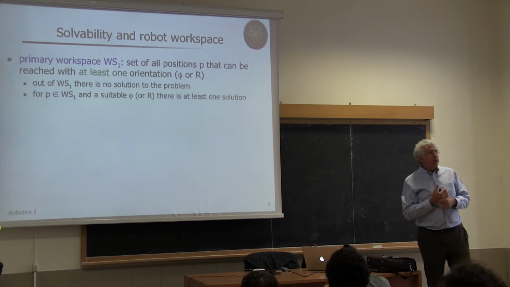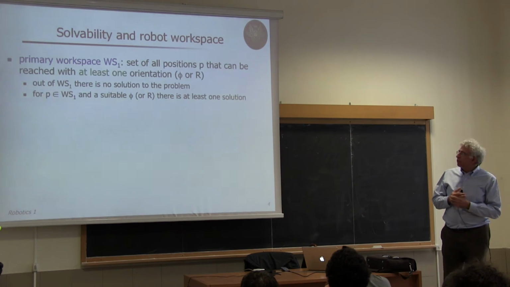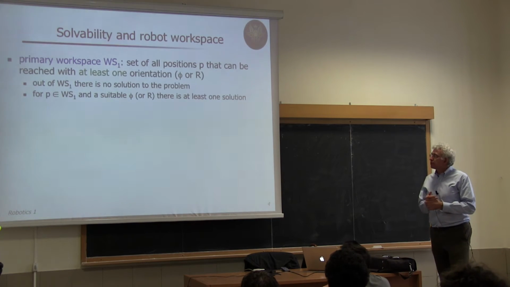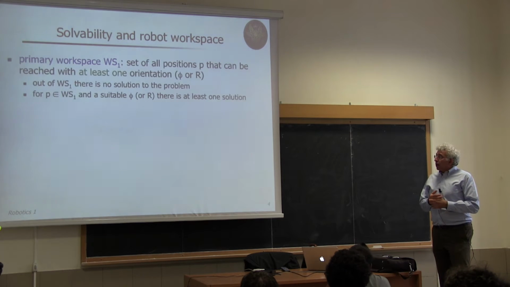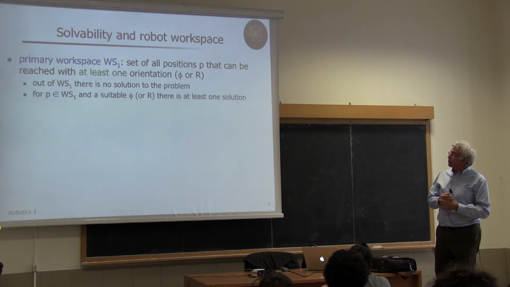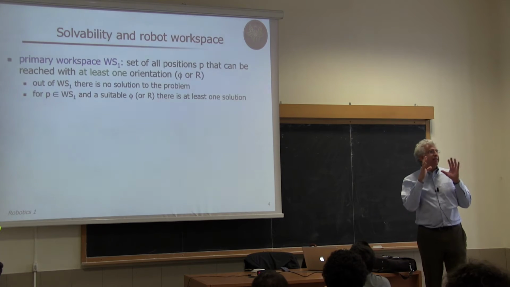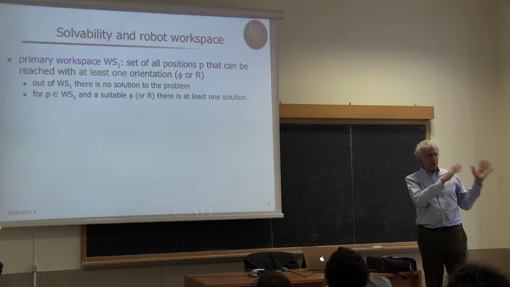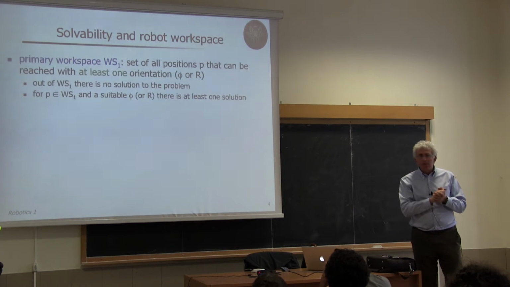So, but essentially, usually in robotics we define 2 types of workspaces. The so-called primary workspace, WS1, which is, pay attention, the set, now we refer to the classical inverse kinematic problem. So, given a pose, find joint values.